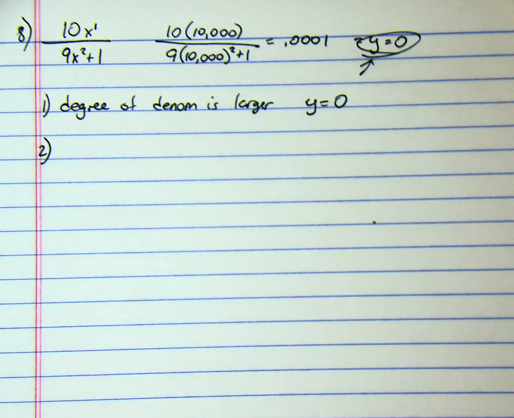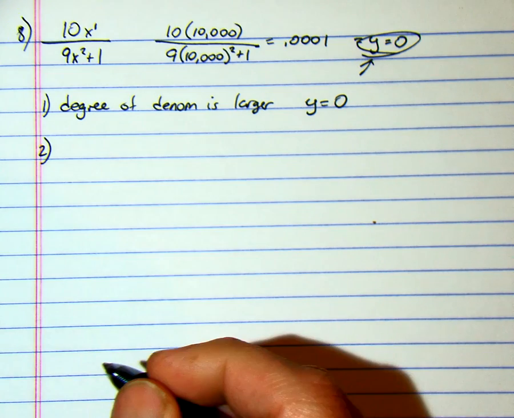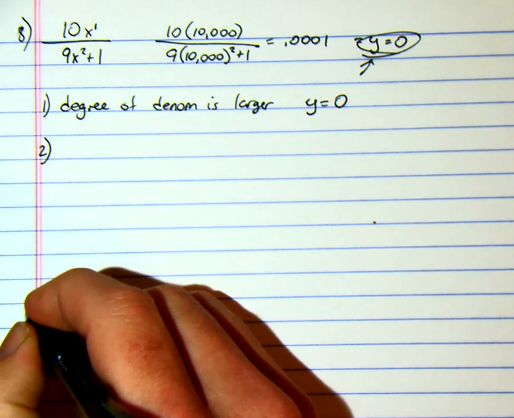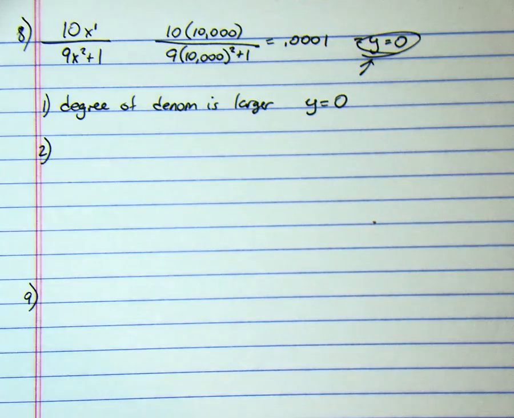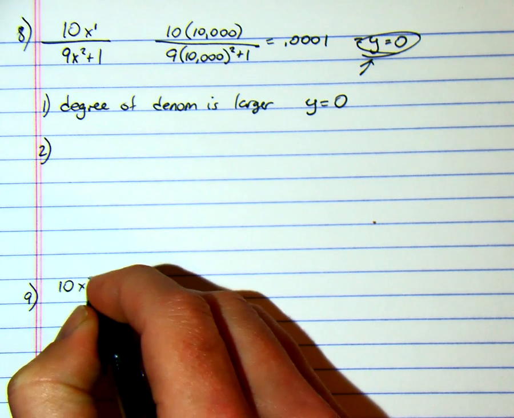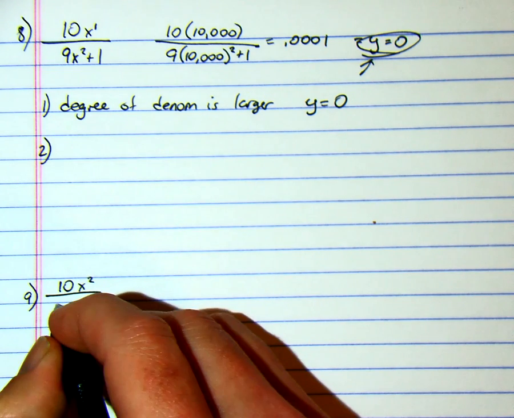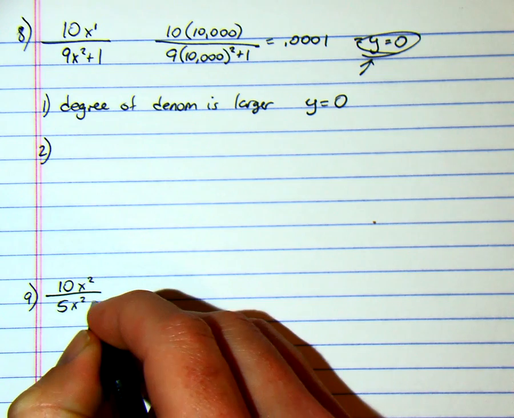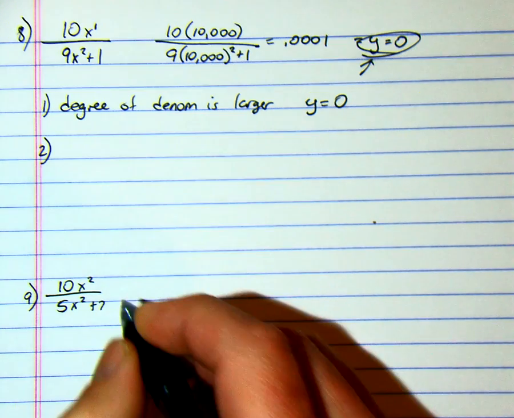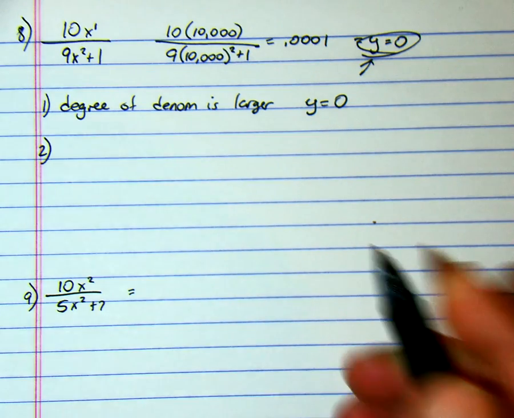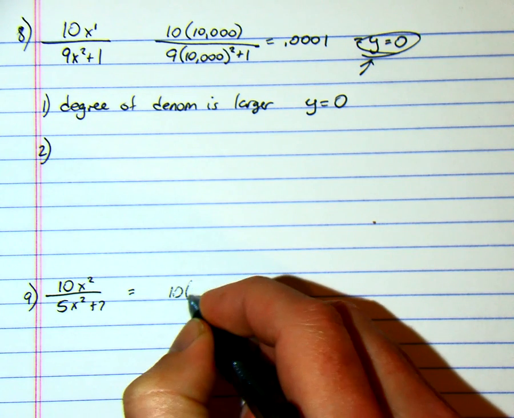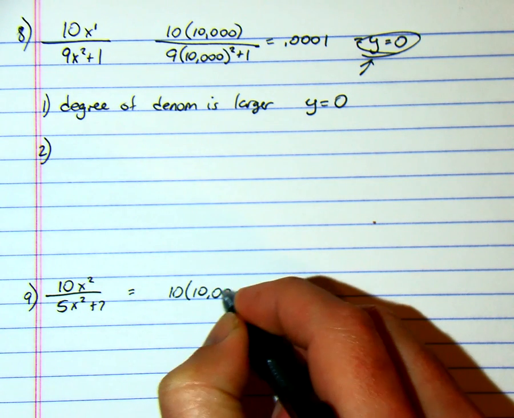I'll look at the next problem and see if it's in right. Number 2 is actually for number 9. So I'm going to slip down to here to talk about number 9, and then we'll go back and fill in the rule in just a second. We have 10x squared all over 5x squared plus 7. Again, if we get stuck on these and forget our rules, we can use a really large number. So here we go, we're going to go with 10,000 again.